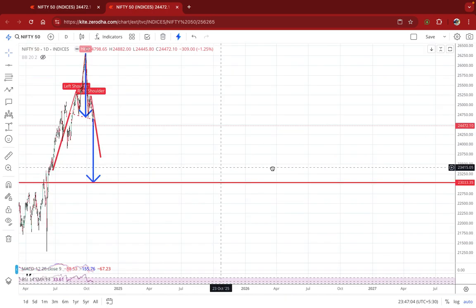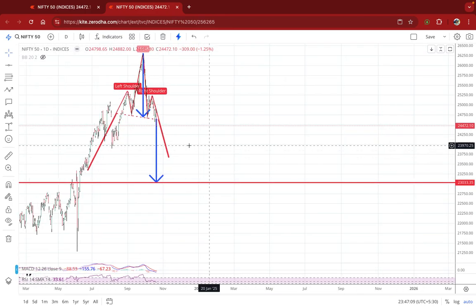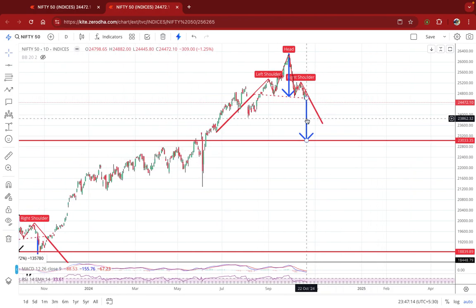So, having said that, we are at a situation now wherein the neckline of head and shoulder has been breached by Nifty.